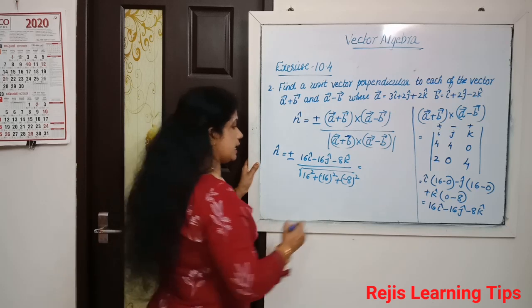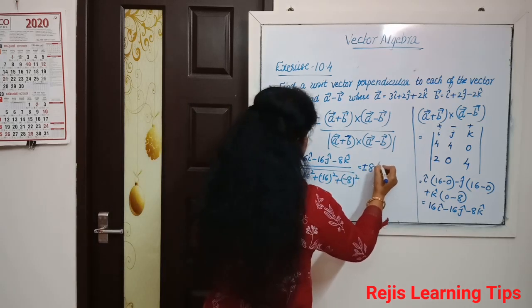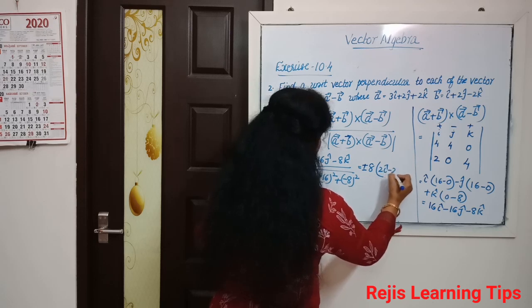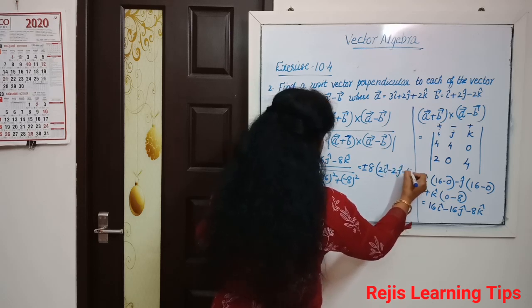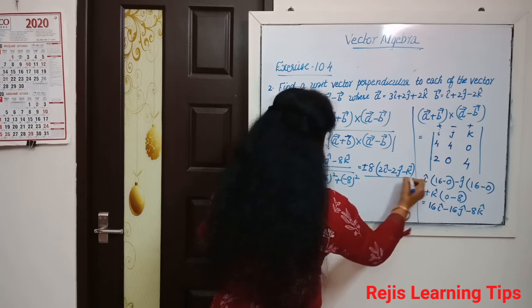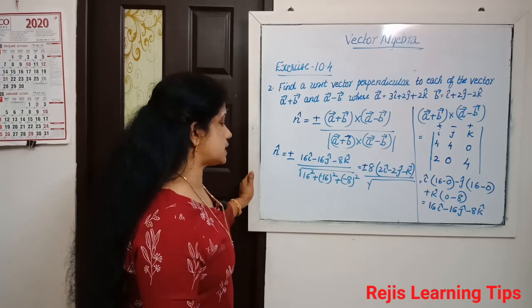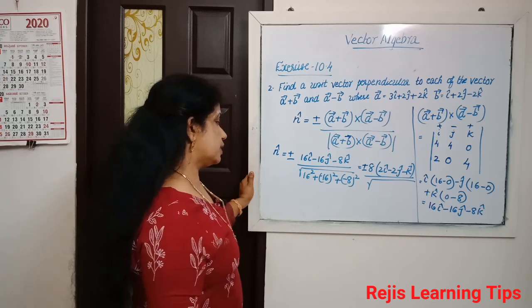Okay, then we will get minus, we should take 8 outside, then we will get 2i cap minus 2j cap minus k cap divided by root of 16 square plus 16 square plus 8 square.